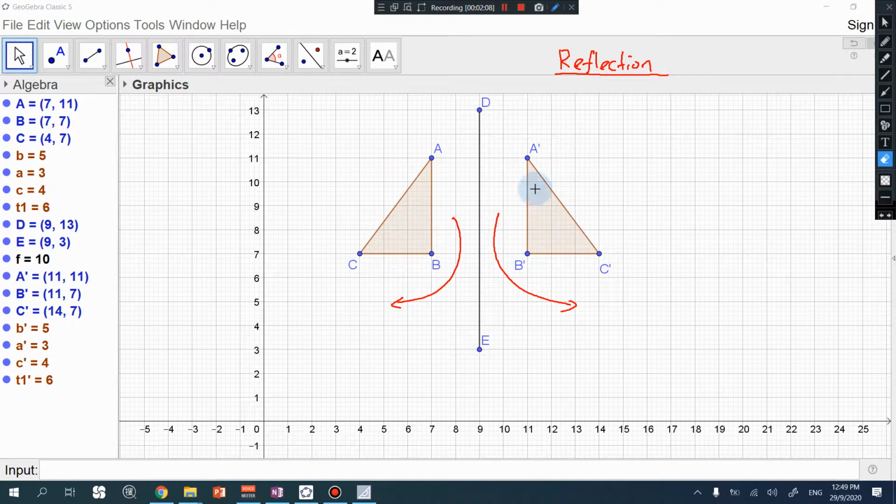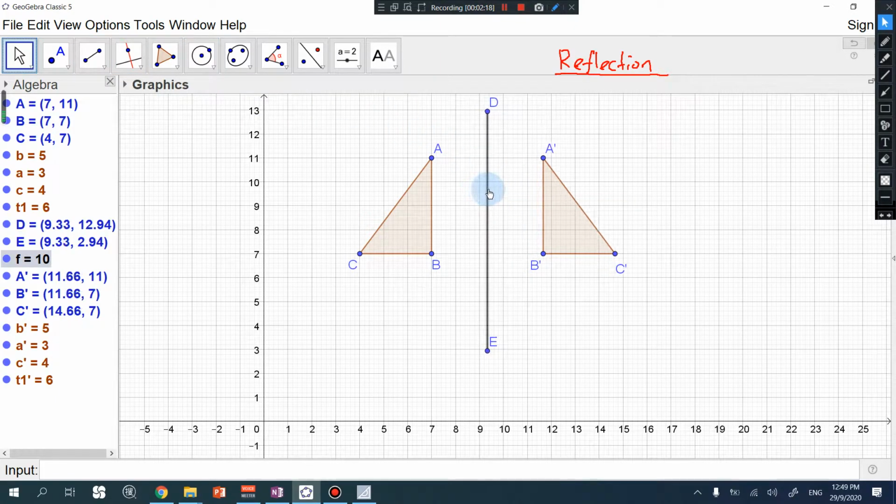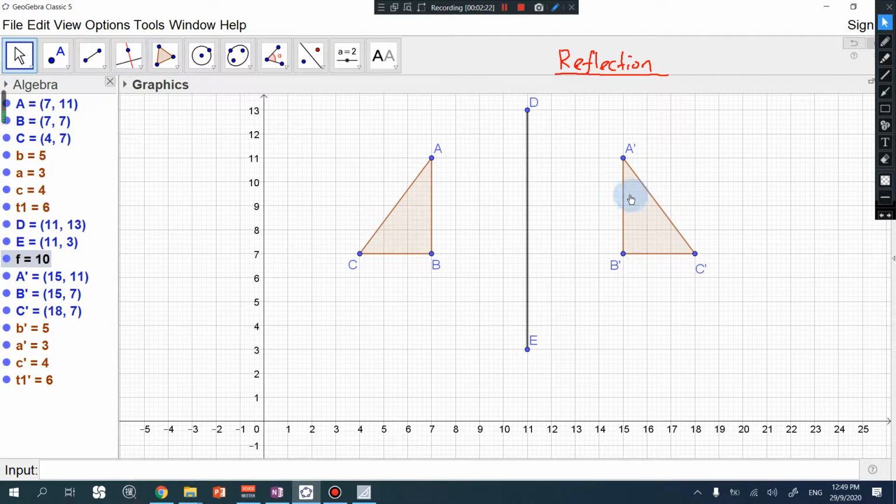Now let me show you what will happen when I move this axis of reflection. When I move this axis of reflection, the image will move as well. So the position of the axis of reflection is going to determine the location of the image.